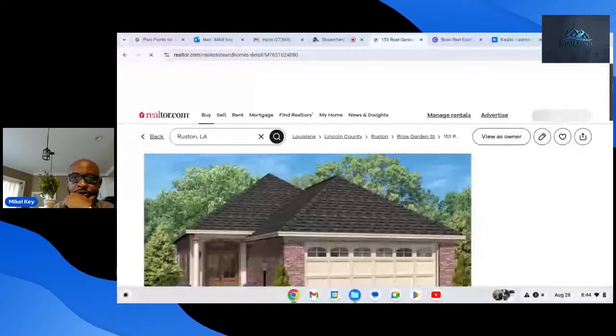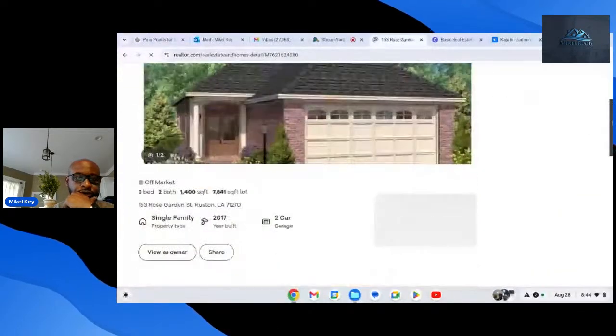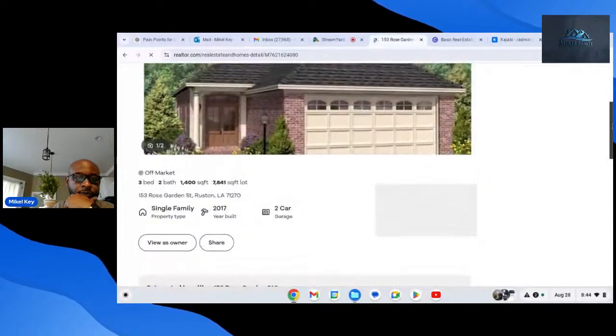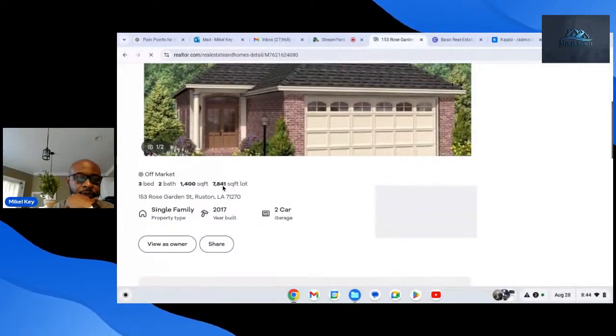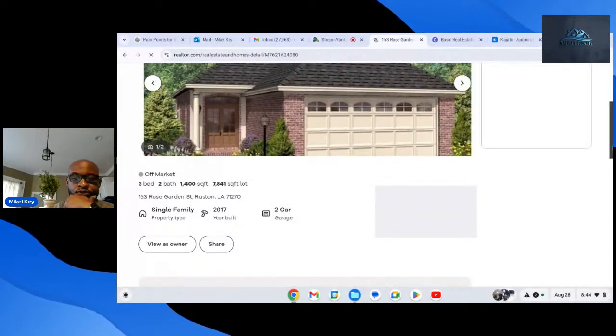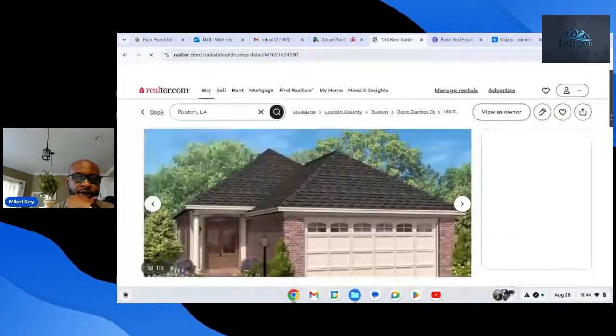All right, so here's 153 Rose Garden Street. It's an off market property, 3-bedroom, 2-bath, 1,400 square foot. And this is on realtor.com, guys.